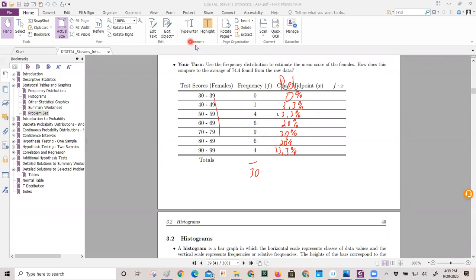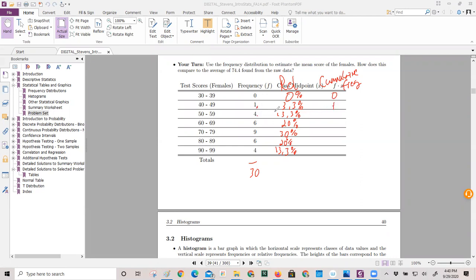Now, sometimes it's good to talk about cumulative. I want to know how much of the distribution falls at or below each class. I'm going to keep the relative frequencies, so I'm not going to erase them. If I want to do the cumulative frequency, there is 0 here, and then 0 plus 1 that fell in this range would be a total of 1.